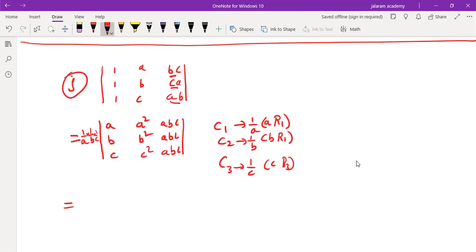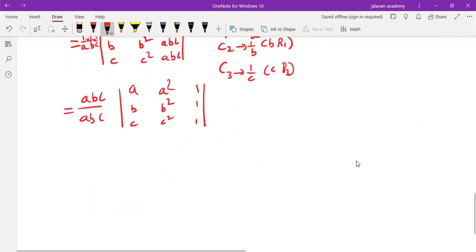ABC is common in the third column. So it is now ABC, A square, B square, C square, 1, 1, 1. Now ABC divided by ABC is 1 only outside the denominator.